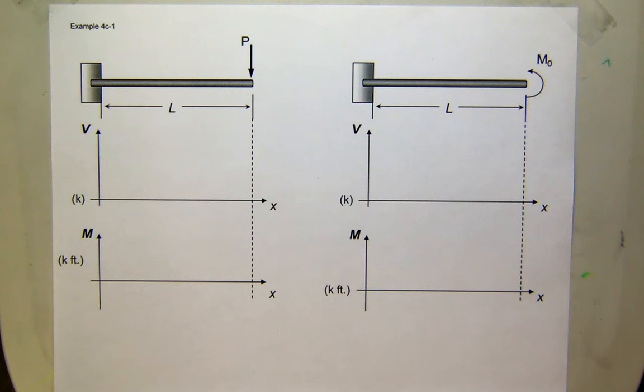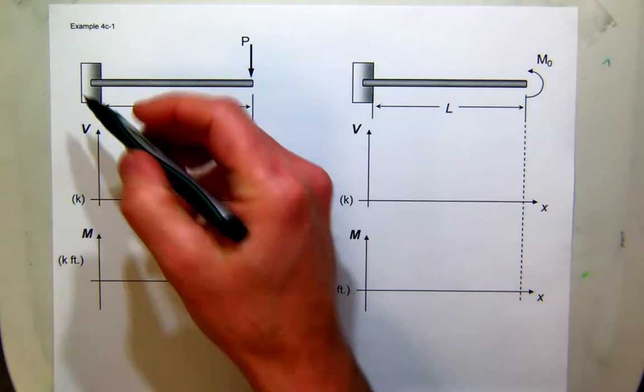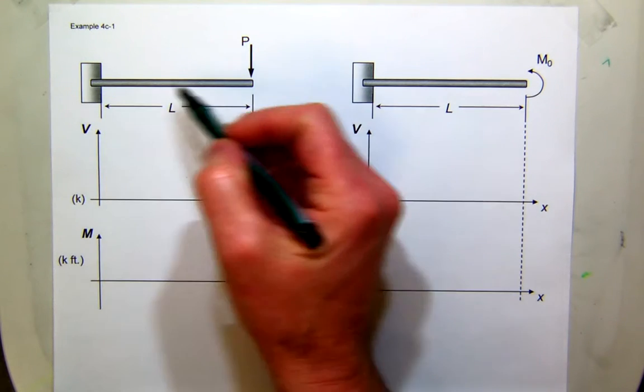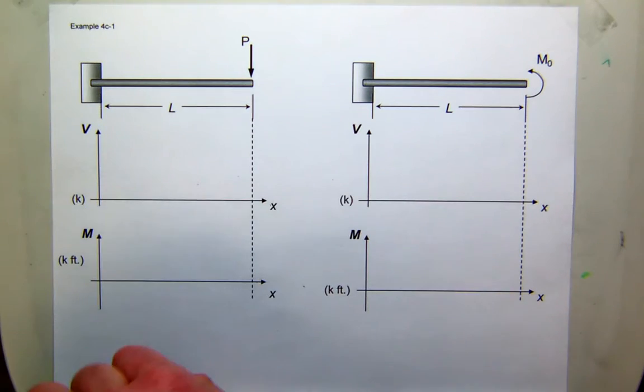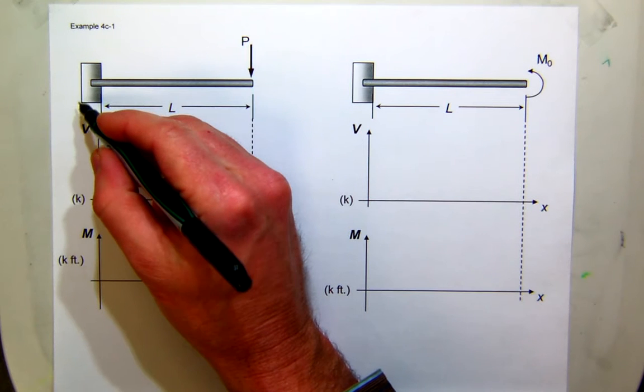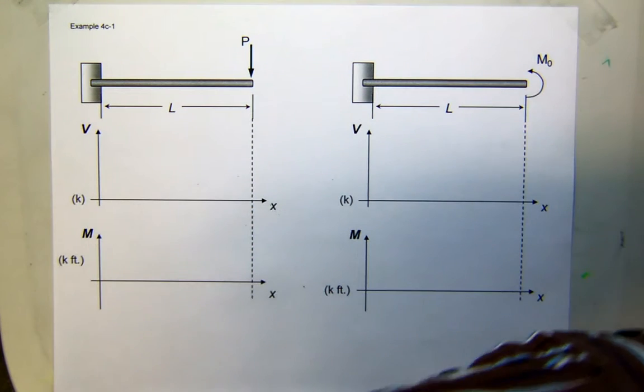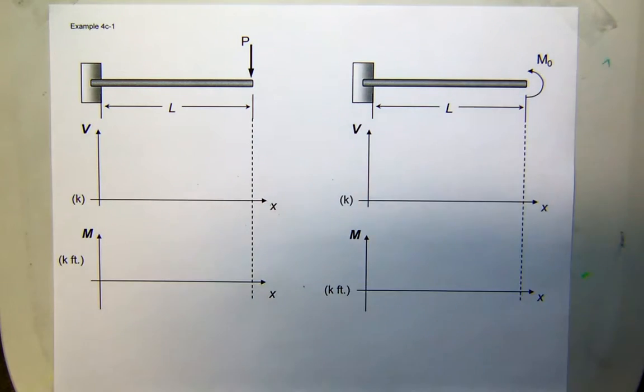Okay, so we've got some problems here that we want to work on to find the shear force and bending moment diagram. I'm going to do a little bit of a shortcut here to save some time, and tell you what the shear force and bending moment at the reactions are. I think you can tell me what the shear force is going to be.